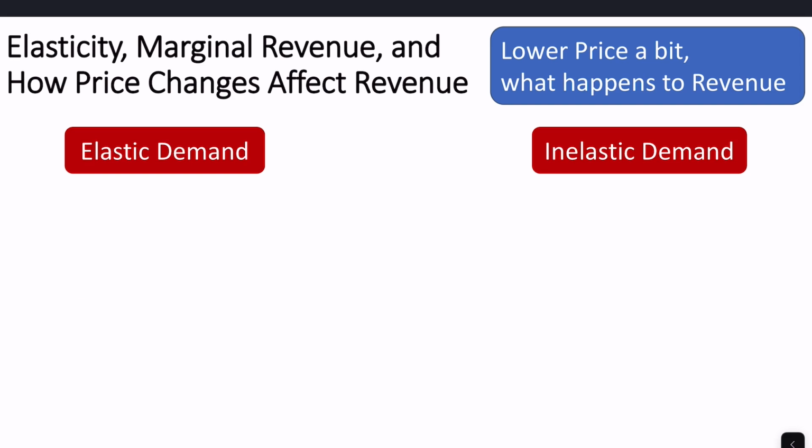So on this slide, I'm going to try to convince you that it depends on that elasticity of what's going to happen to your marginal revenue, which means your change in total revenue. So over here on the left, I'm going to draw out an elastic demand curve. So this is going to be relatively flat.